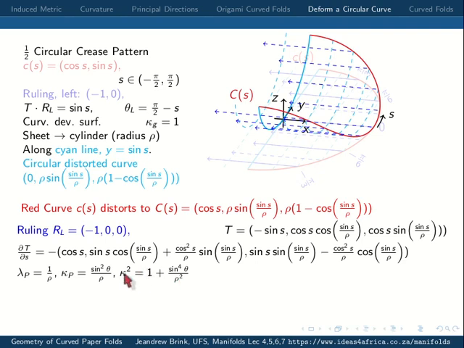So you can see here's the curvature. There's a component that comes from the fact that you had a circle, plus the fact that you are distorting it into a cylinder. A word of advice: when you do these problems, simplify these things as much as possible, because it makes it easier for you to go on.